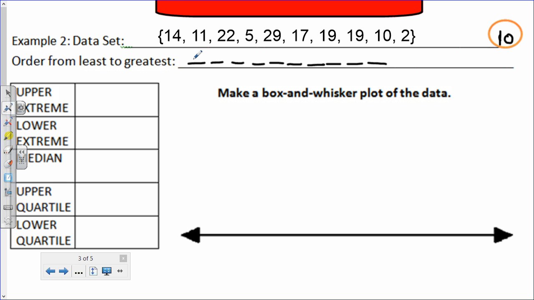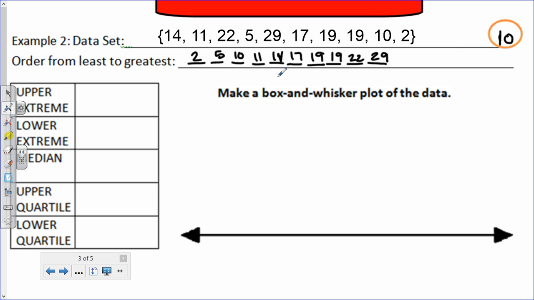And now I'm going to start to put them in order. So I have 2, 5, 10, 11, 14, 17, 19, another 19, 22, and 29.